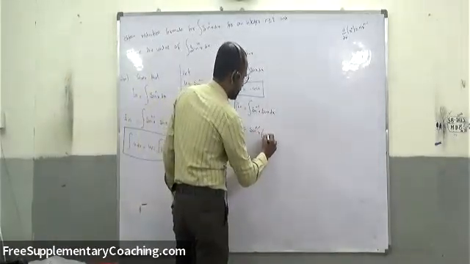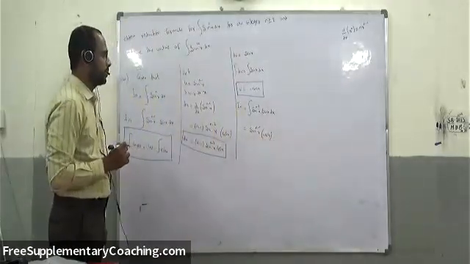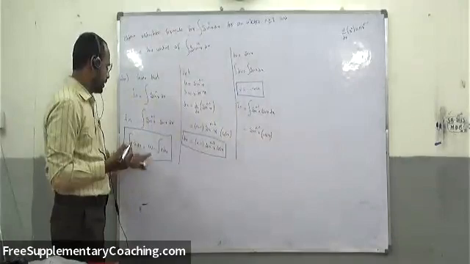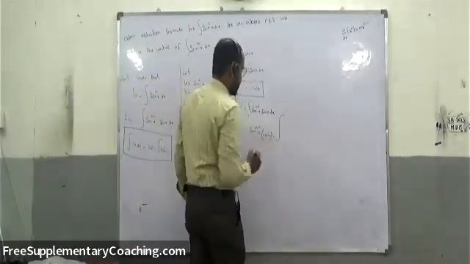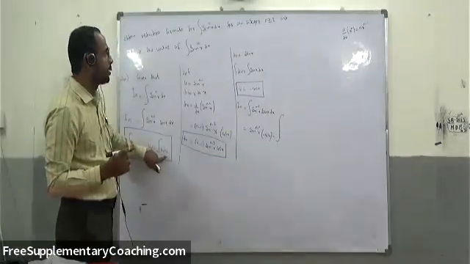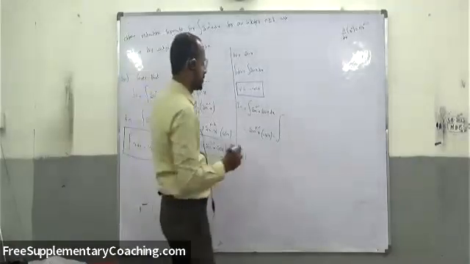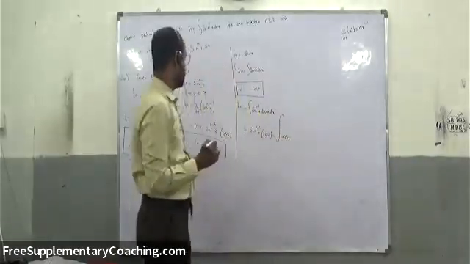Brackets are very, very important in the solution. Minus cos x. Then minus integration of v du. What is v? Minus cos x, into du.